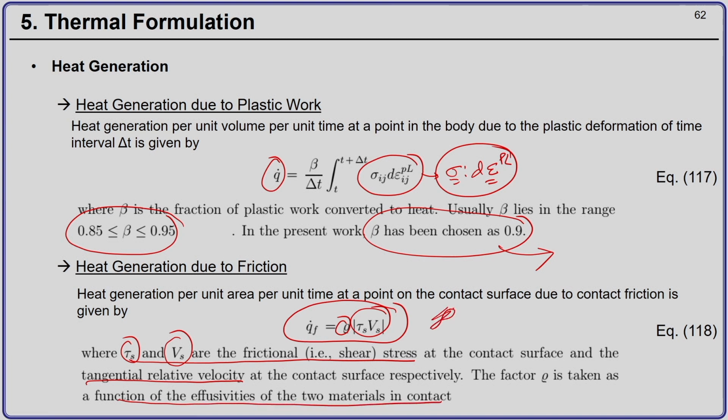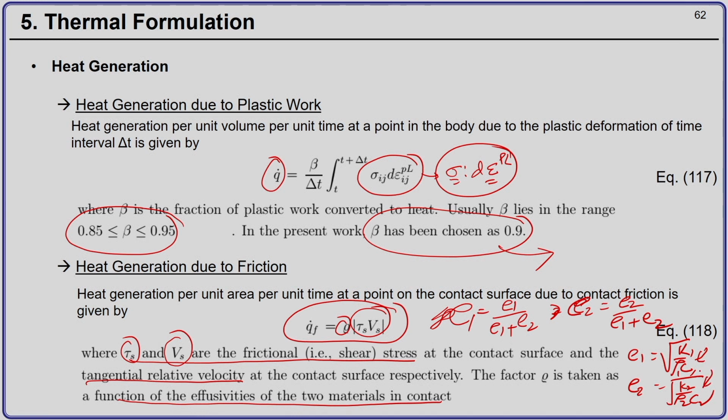So, rho 1 equals E 1 upon E 1 plus E 2 for the first body, and rho 2 equals E 2 upon E 1 plus E 2, where E 1 is root over k 1 rho 1 c 1, and E 2 is root over k 2 rho 2 c 2. So, 1 denotes body 1, 2 denotes body 2.